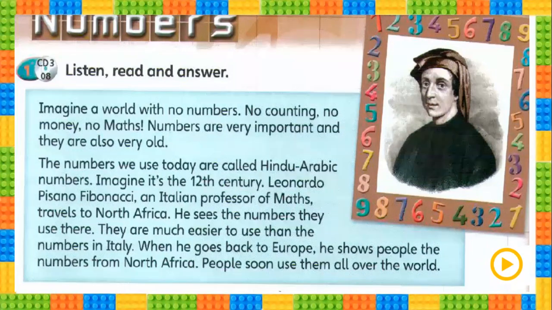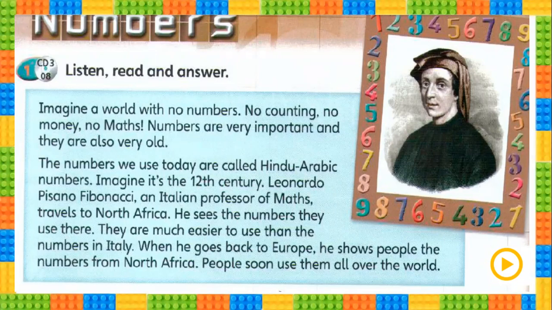Imagine a world with no numbers. No counting, no money, no maths. Numbers are very important, and they are also very old. The numbers we use today are called Hindu Arabic numbers. Imagine it's the 12th century.